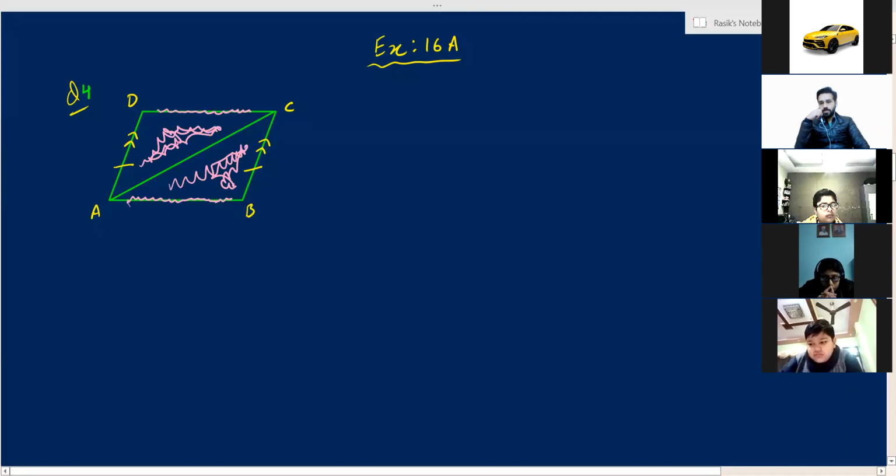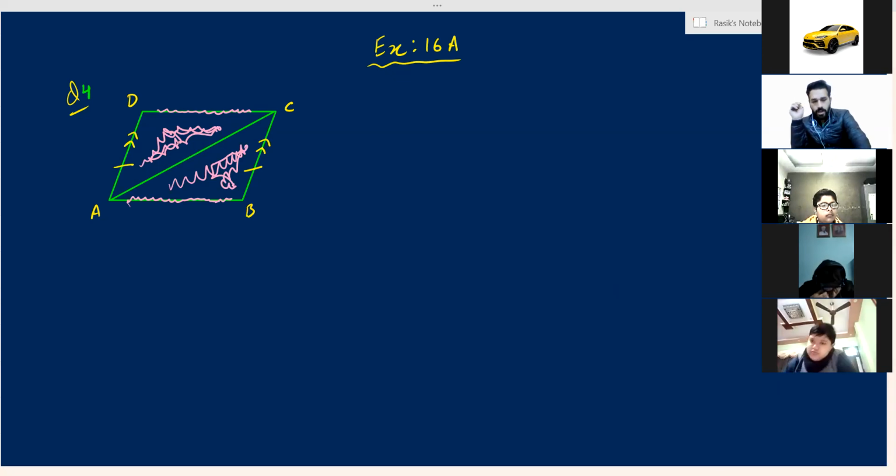We all know this. So if we somehow prove that these two triangles are congruent, then we can say that AB is equal to CD. So our problem will be solved in this way. Now the motive is how to prove the two triangles congruent.